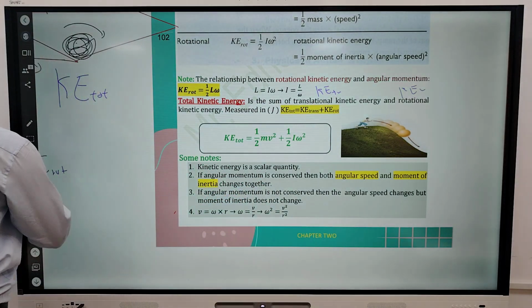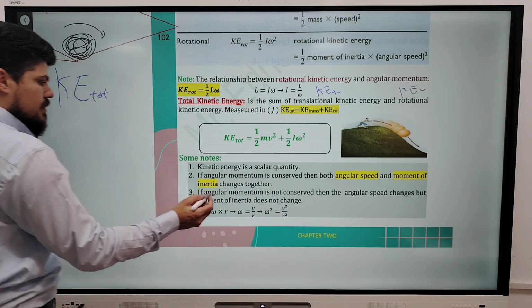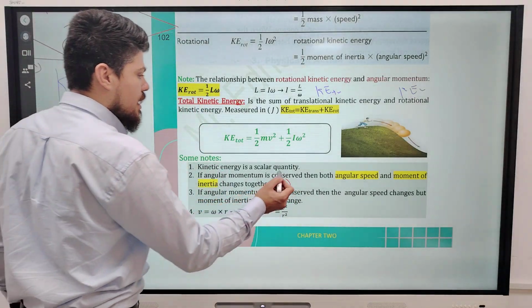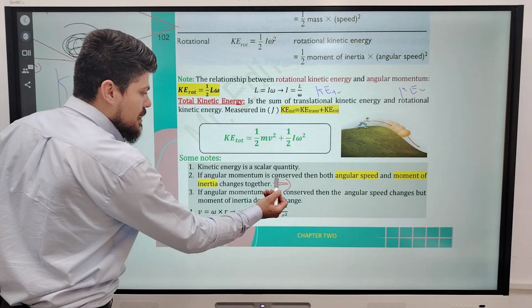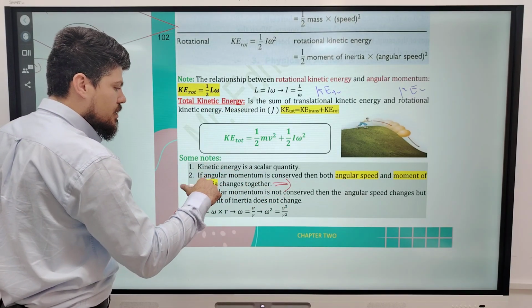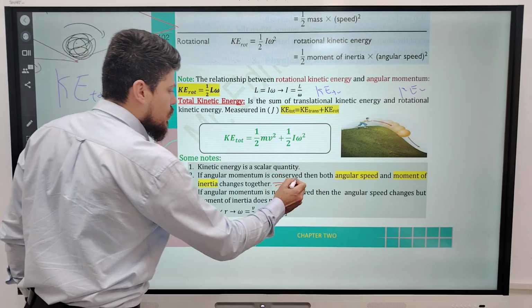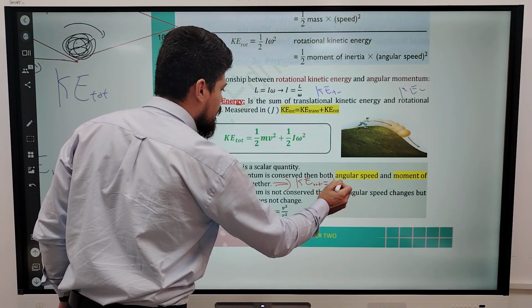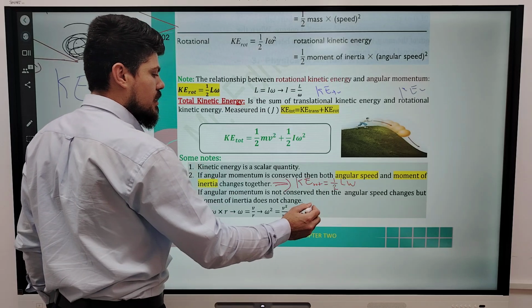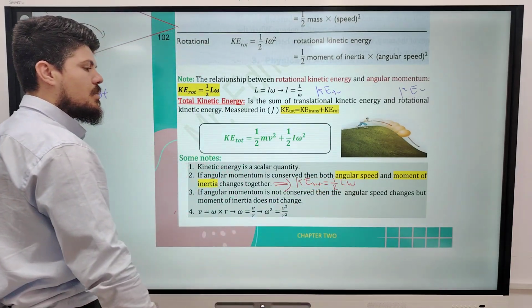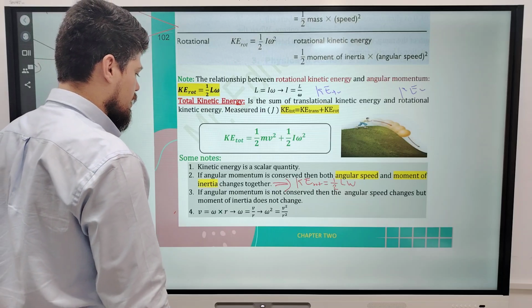If angular momentum is conserved, then both angular speed and moment of inertia change together. Write this down on your pamphlet, please. If angular momentum is conserved, angular speed and moment of inertia change together. So rotational kinetic energy is equal to what? 1 over 2 L omega, when the moment of inertia and angular speed change together.